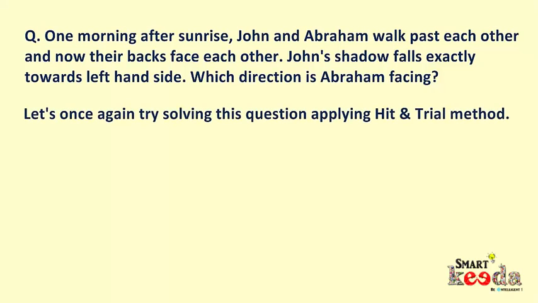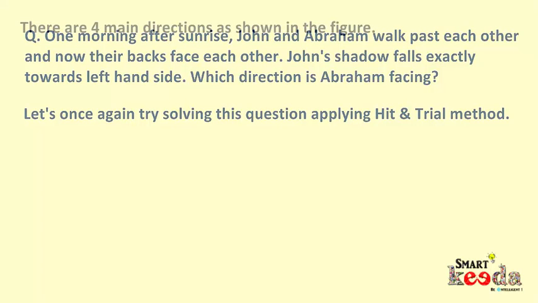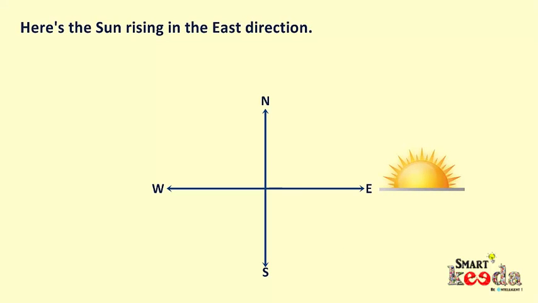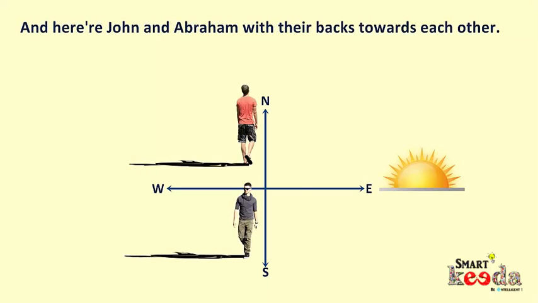Let's once again try solving this question applying hit and trial method. We know that there are four main directions as shown in the figure. Now here is the sun rising in the east direction, and here are John and Abraham with their backs towards each other. But we are not sure here who's John and who's Abraham.